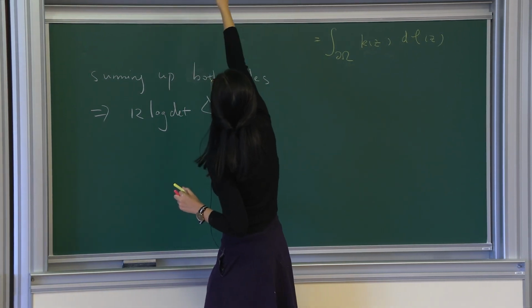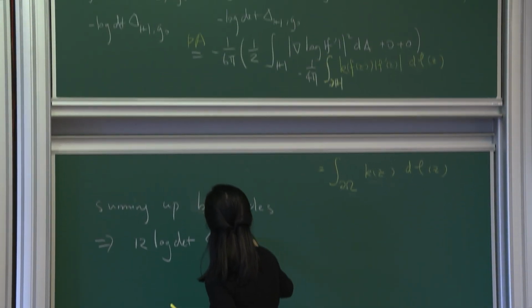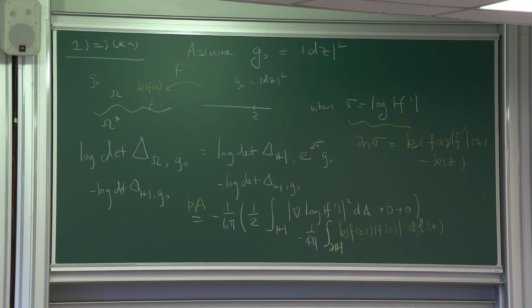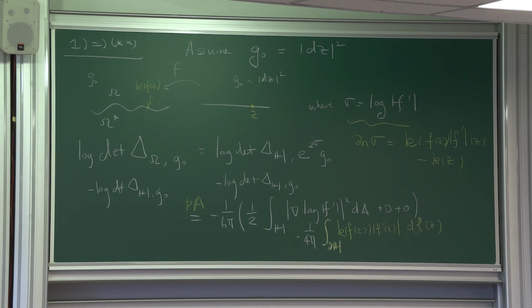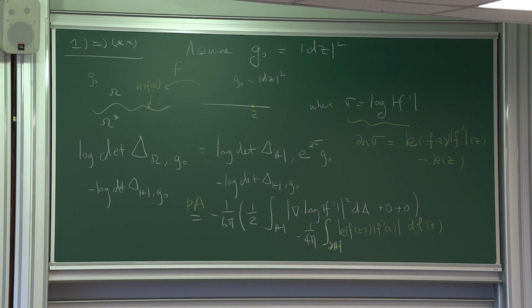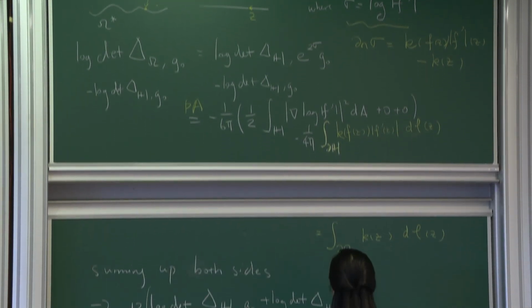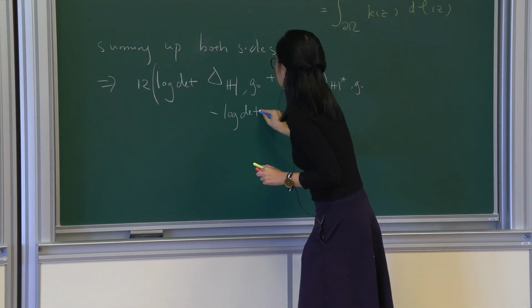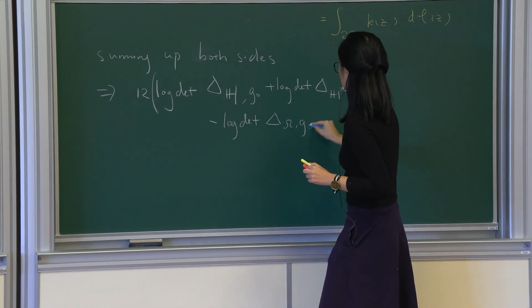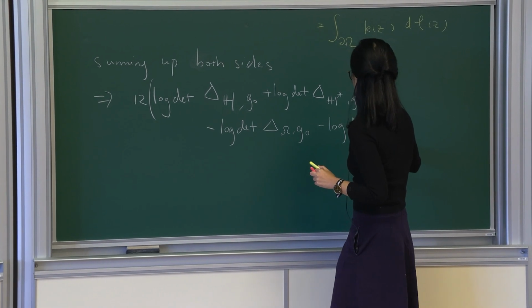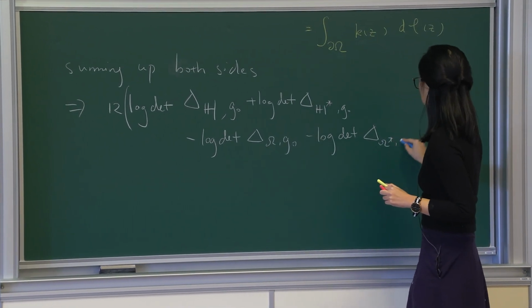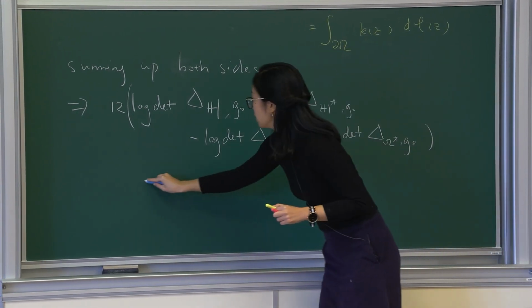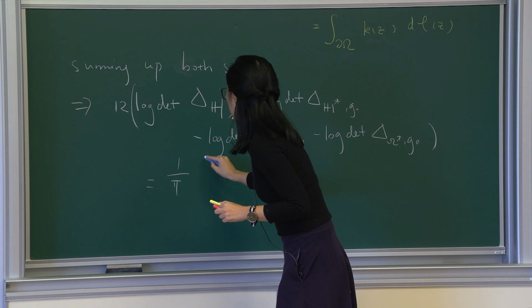Okay, so I would take the minus sign, I multiply by 12. So this would give me h with g naught plus log determinant minus log determinant. This is exactly 1 over pi.